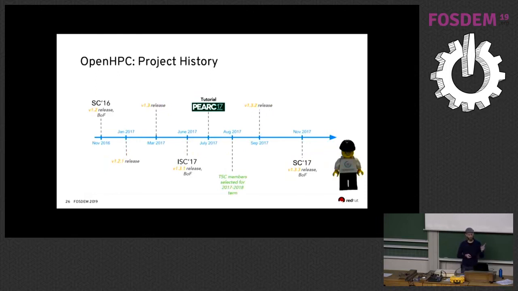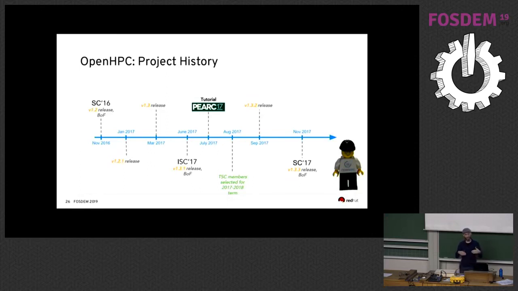This is a bit about the project history. The first discussion about an HPC community project happened in June 2015 at International Supercomputing. And the first release was then at Supercomputing in November 2015.